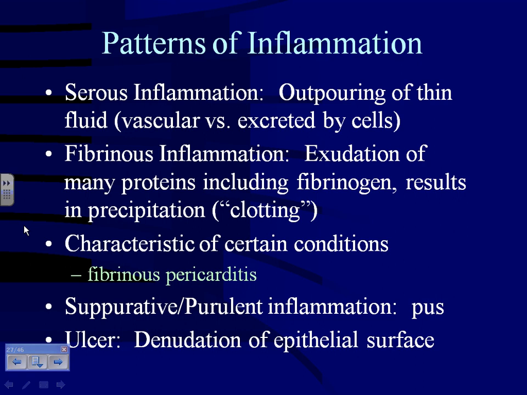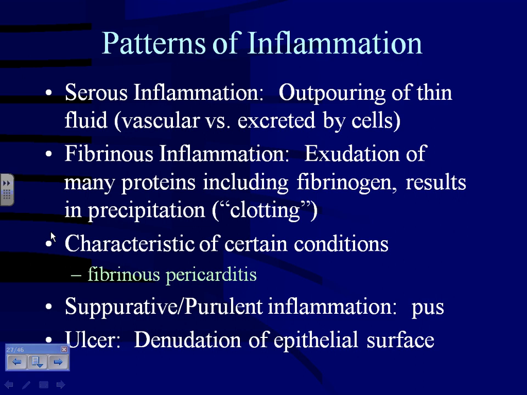Ulcer is where you get an ulceration of an epithelial or mucosal surface, and when an epithelial surface is ulcerated, you lose epithelium in focal areas or large areas. Basically you lose the epithelium, and what's exposed to the environment is just underlying connective tissue, and that's not good.